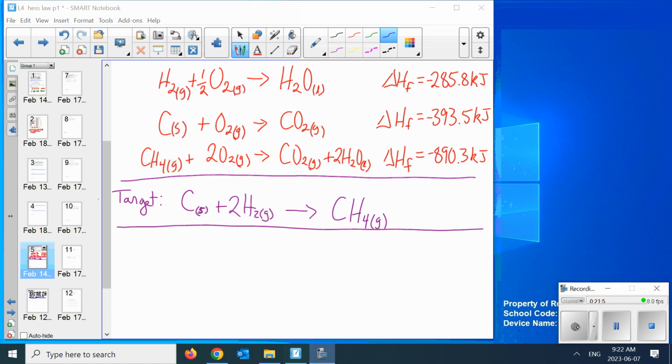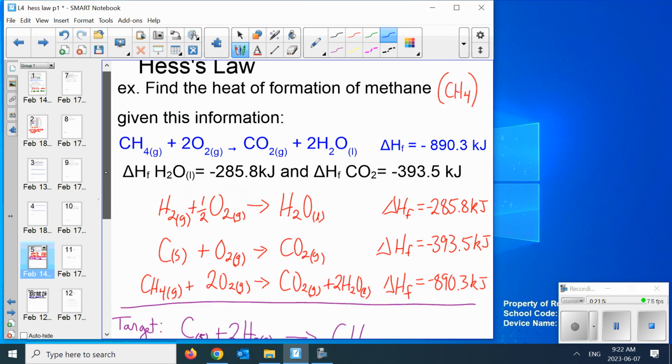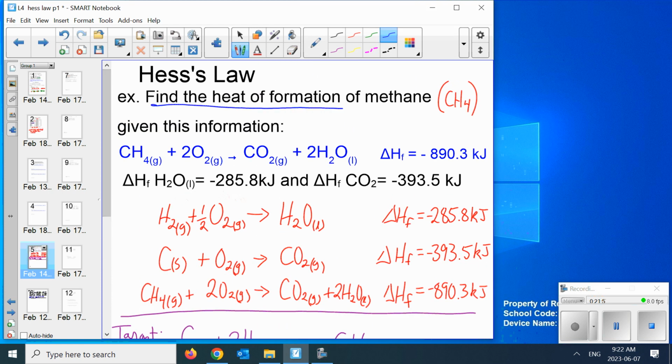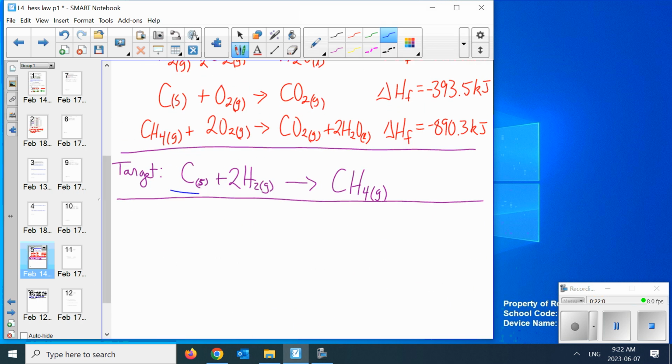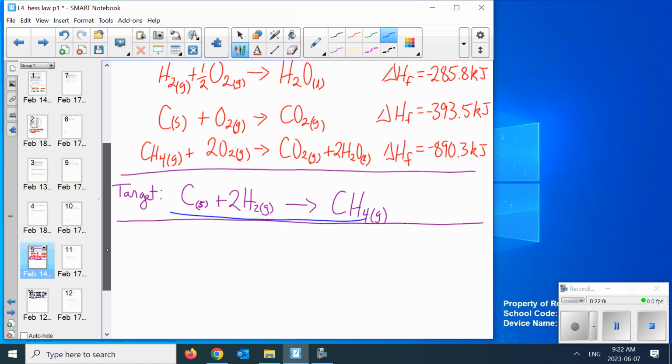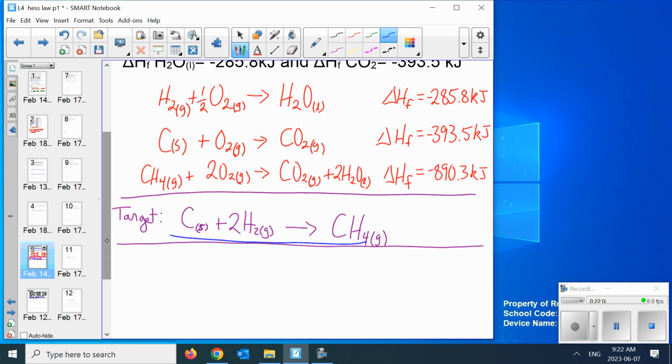Coming back to this, the only reason why I'm calling this our target is because we're asked to find information about the formation. That's this. So what we have to do, I'll do this in blue, is figure out what's unique to the first water equation that appears in here.